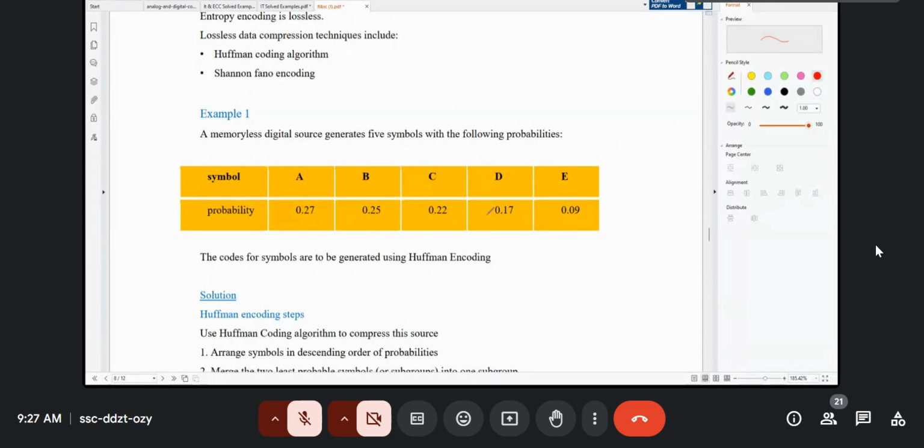B appeared 250 times. C appeared 220 times. D appeared 170 times, and E appeared 90 times. That will be that probability.